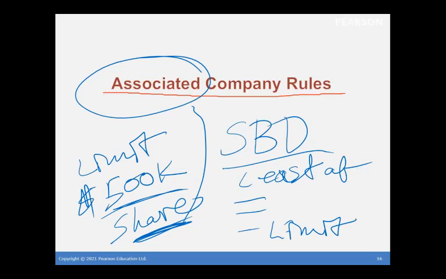In this case, now we're going to drill down into that and look at scenarios so that we can decide who actually is associated for purposes of the small business deduction. So we're going to learn how to figure that out.